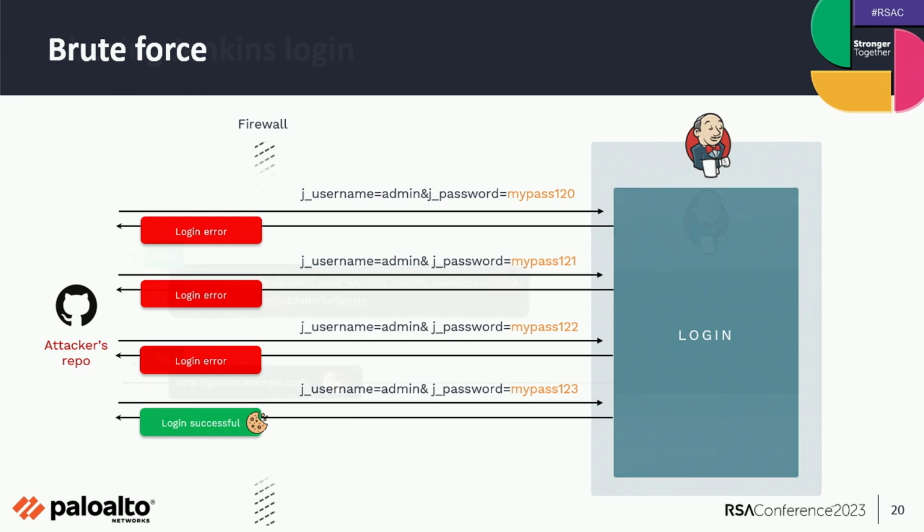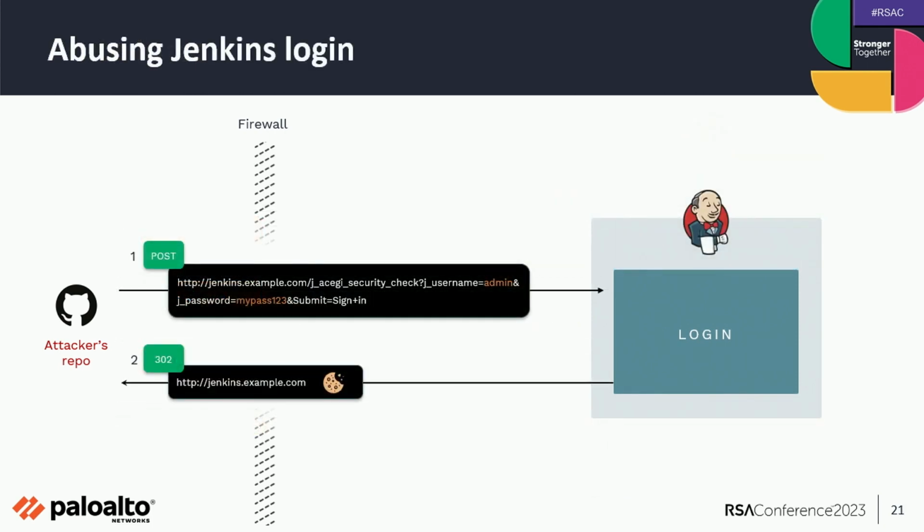This is how the request we were looking for looks. That's an HTTP POST request that can reach the internal Jenkins, sent to the login endpoint of Jenkins with a valid username and password attached as query parameters in the URL. And Jenkins returns a valid session cookie and an HTTP 302 redirection response. Amazing.